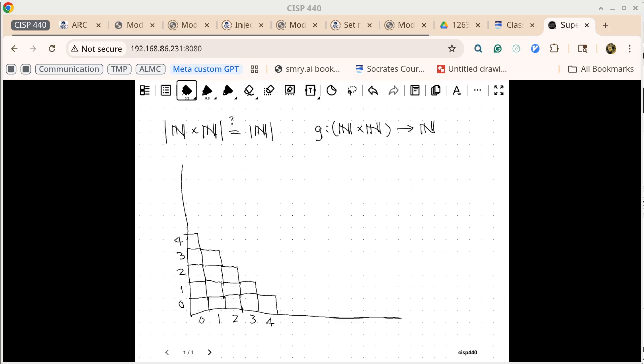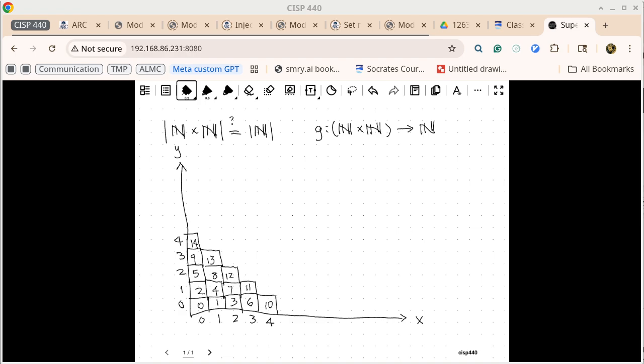Let me indicate this is the x-axis and this is the y-axis. The way we're going to fill in these cells with natural numbers is to sweep in a diagonal way. We'll start with 0 here, and then this is 1, 2, and this is 3, 4, 5, and then we have 6, 7, 8, 9, 10, 11, 12, 13, 14, and so on.